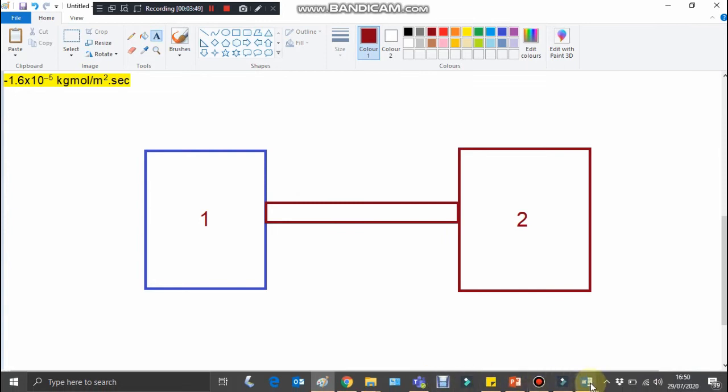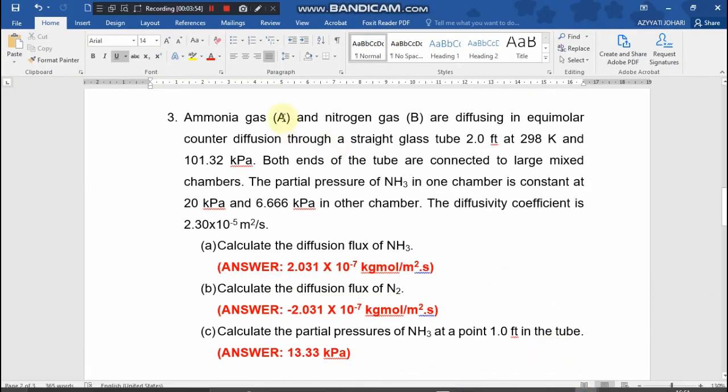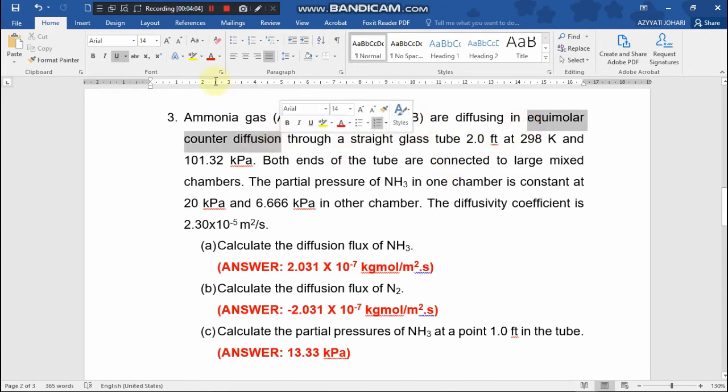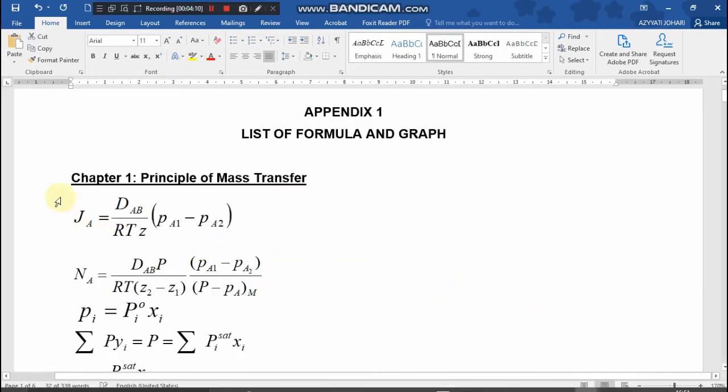And then extract all of the information. It already stated ammonia gas will be component A, and nitrogen gas will be component B, and it is stated equimolar counter diffusion, right? So we will use the first equation again, because this is the equimolar counter diffusion equation.